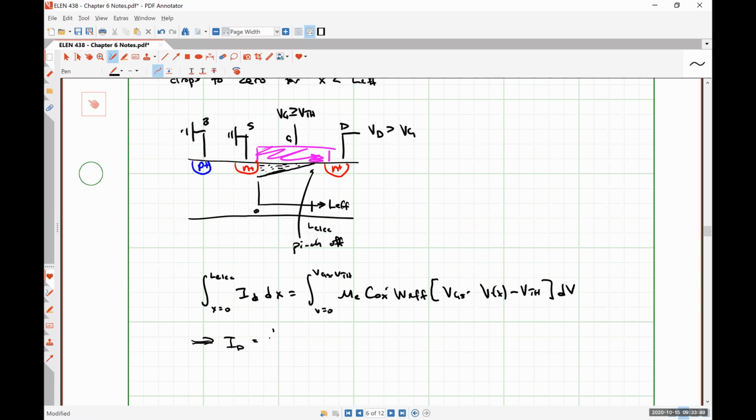ID is equal to 1/2 mu E Cox W effective over the electric length (VGS minus VTH) quantity squared, for VDS greater than or equal to VGS minus VTH. And so we can see that the drain current is now independent of the drain source voltage.